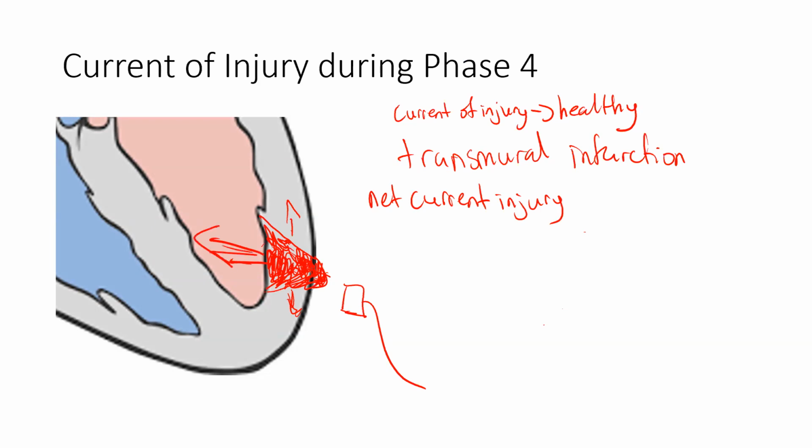So if it's going this way and this way, your mean average depolarization is going away from the lead. And if depolarization goes away from the lead, it's going to create a negative deflection.